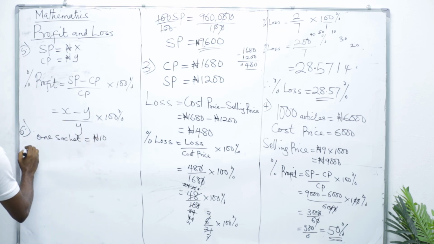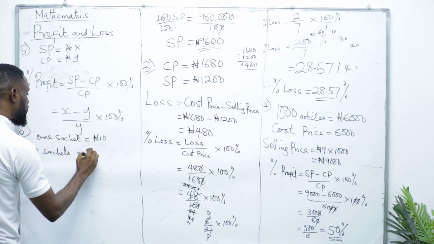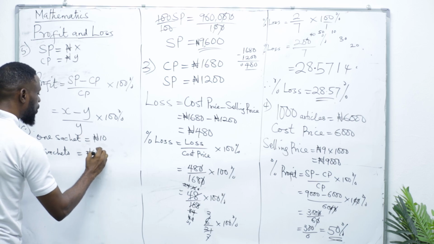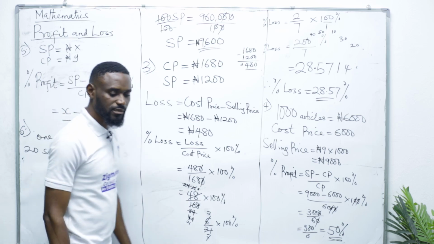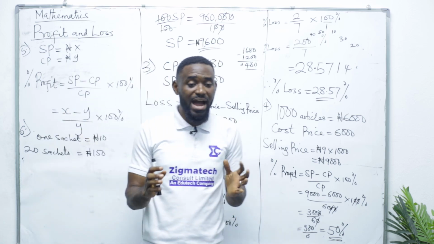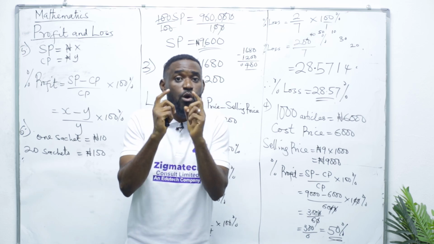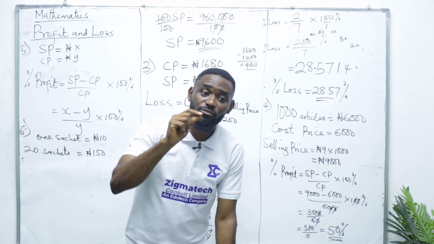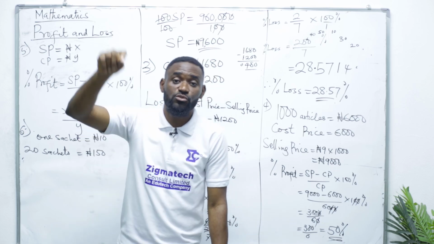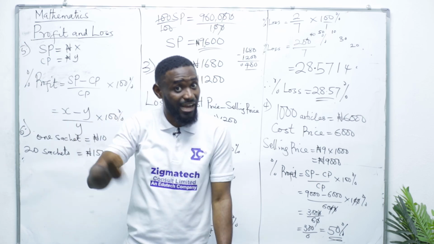But for 20 bought at once, it will be given for 150 naira. If somebody buys 20 sachets of pure water at once, it will be given to the person for 150 naira instead of 10 naira times 20, let's say 200 naira. Do you understand? So there's a discount, okay?